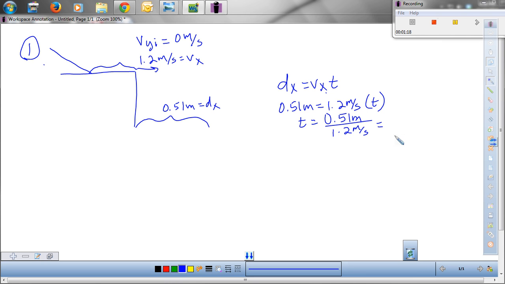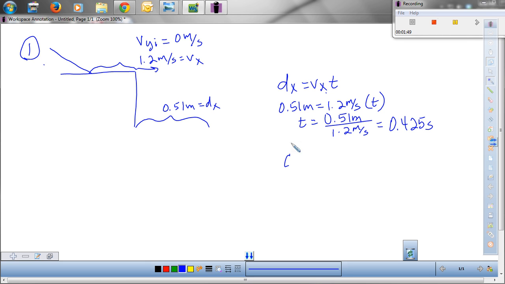So if you do that math, let me turn on my trusty little iPad and get my TI Inspire hooked up. If I take my 0.51 and divide it by 1.2, I find out that the ball is in the air for about 0.425 seconds.